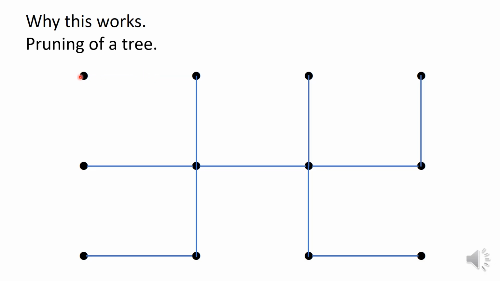I should really remove the node also as well as the branch, but I just don't have the technical ability to do that as yet. So we remove the end node here. Just imagine that being removed, and we get a remaining network which is also a tree.